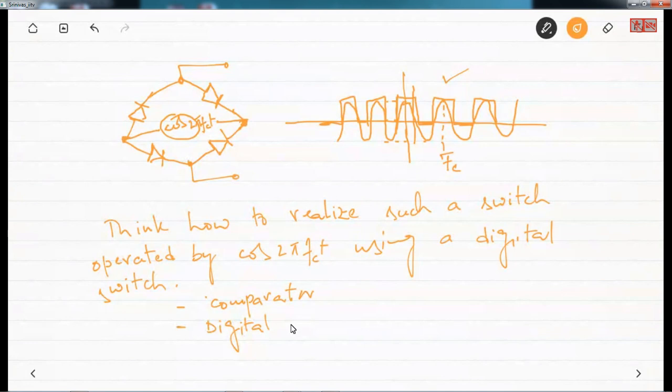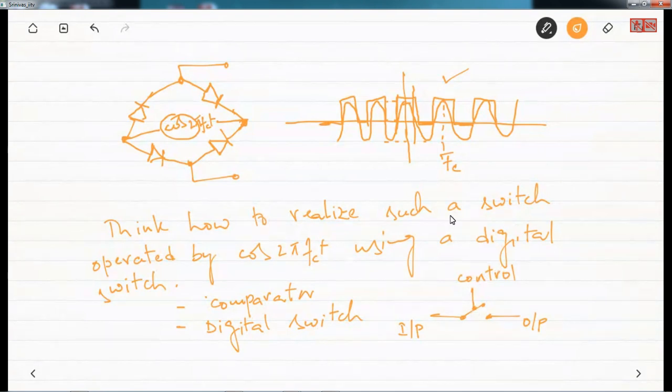So what is a digital switch? There are ICs having four digital switches. The digital switch will have an input and an output, and a control signal. If the control signal is high, the switch closes. If the control signal is low, the switch opens. Say in this case, if the control signal is plus 5 volts, the switch closes.